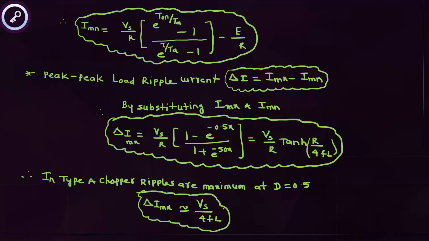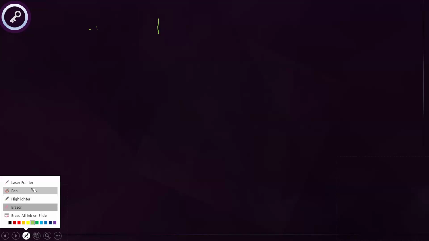If ripples are maximum at D equal to 0.5 in type A chopper or step down chopper, and you draw the characteristics between ripple current and duty cycle, this is D, this is delta I. The ripples are maximum at D equal to 0.5.